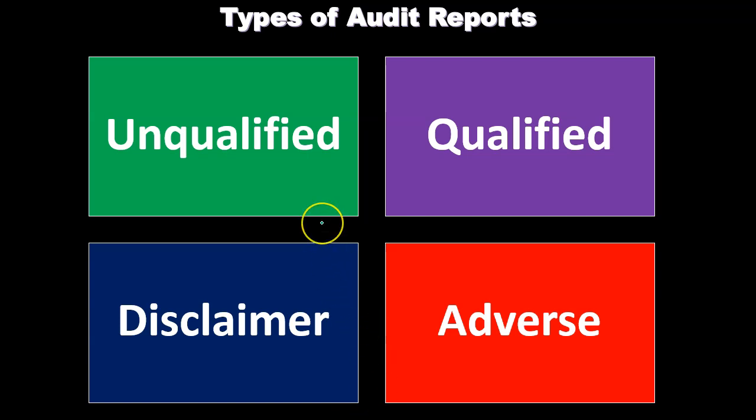We would expect unqualified to be the most common type of opinion, followed by some type of qualification where we would say, hey, there's this one thing that's not in conformity for whatever reason, but possibly the company thinks it should be reported in this way, even though it's not generally accepted accounting principles, or some other type of qualification which we can state and say, hey, this piece we don't think is in conformity, but the rest of it is good as a whole. That can happen to some degree. A disclaimer might end in a disclaimer type of opinion, or basically terminating the engagement.